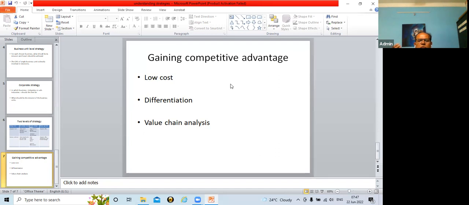Then B adds something to this product, and then they transfer it to the C division. Then ultimately C division gives some finishing touch to that product, and then finally D division sells to the customer. So each and every division is adding some value to that product, and this way the final product is being sold in the market.